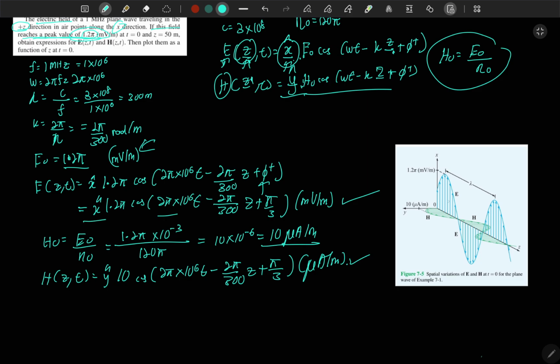The x vector is the electric field, so it goes up and down. H is in the y vector, going in the z direction. So complete. Nice, very good. And just now, as we said, zero in the same position, peak in the same position.